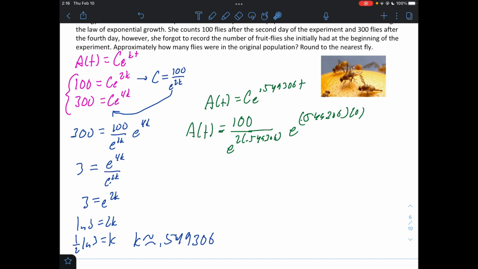So really all we're looking at here is that right there. And if we type that into our calculator, this should be A of 0. We should get about 33.333. It says round to the nearest fly, so that would be 33 fruit flies.